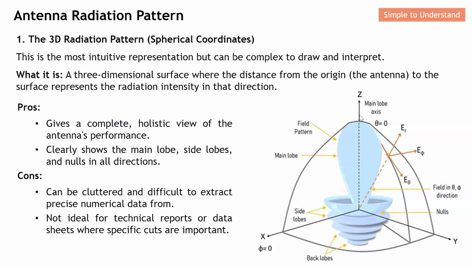This point tells us the radiation intensity, how strong it is. From here, you can see that this is probably the strongest point from the antenna. This is when we want to use this 3D radiation pattern. From this graph, we are able to anticipate that this antenna is very directive. It's directive in the Z-axis.